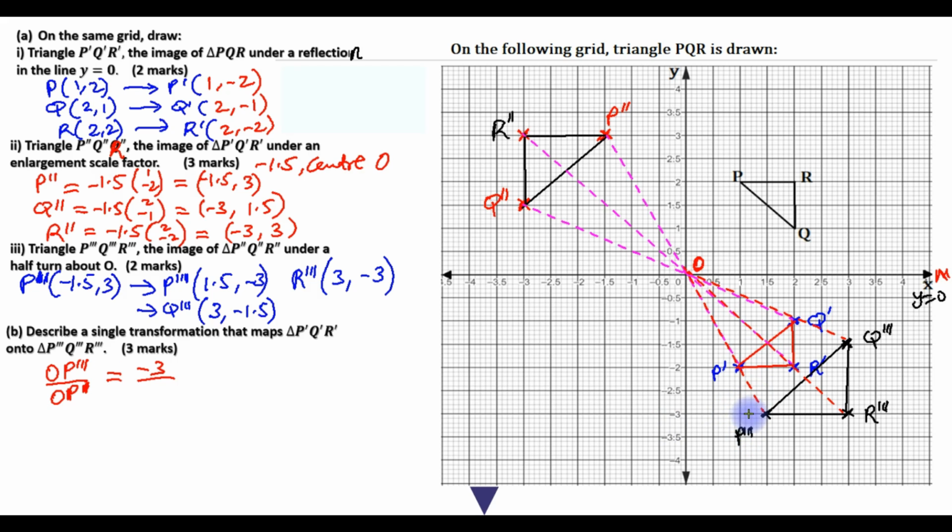So OP triple prime in the y direction is minus 3, for P prime is minus 2, so we get 1.5. You can also try OQ triple prime over OQ prime, and you will get 1.5.